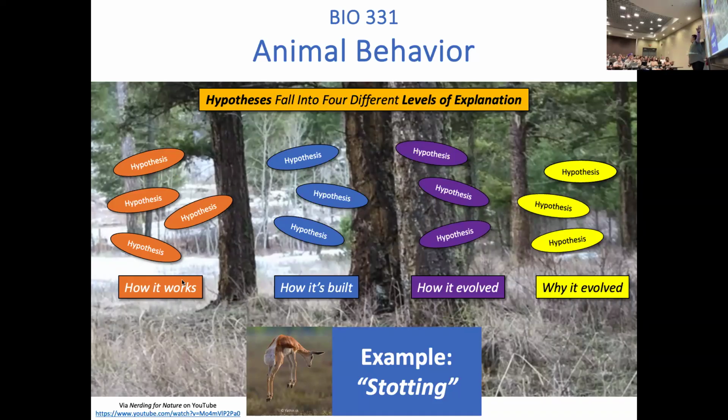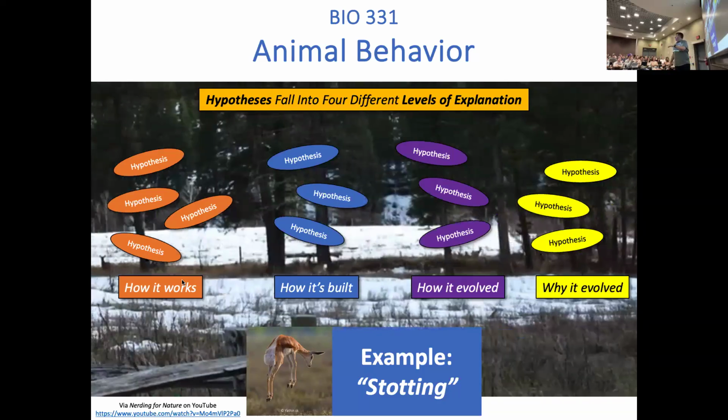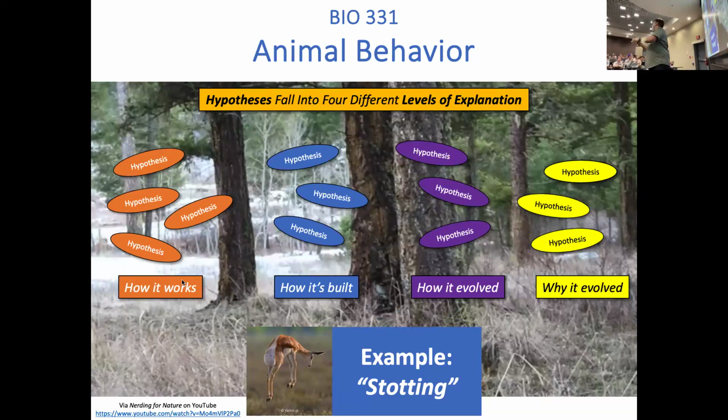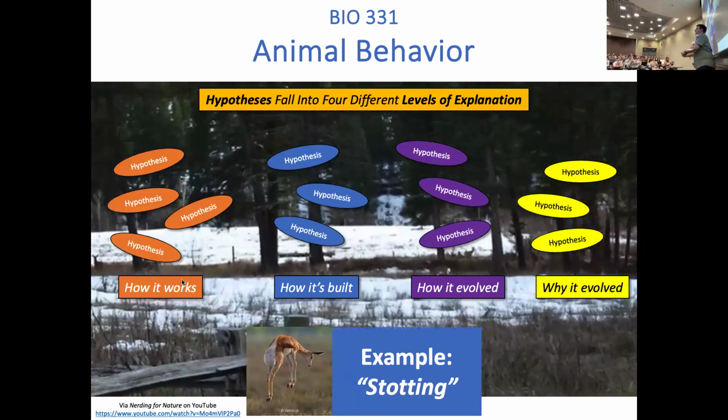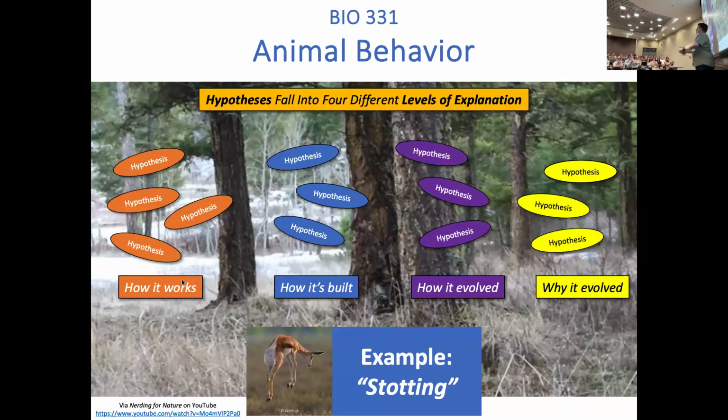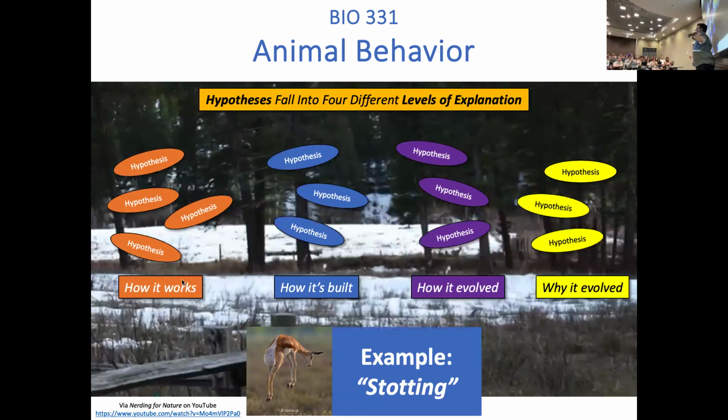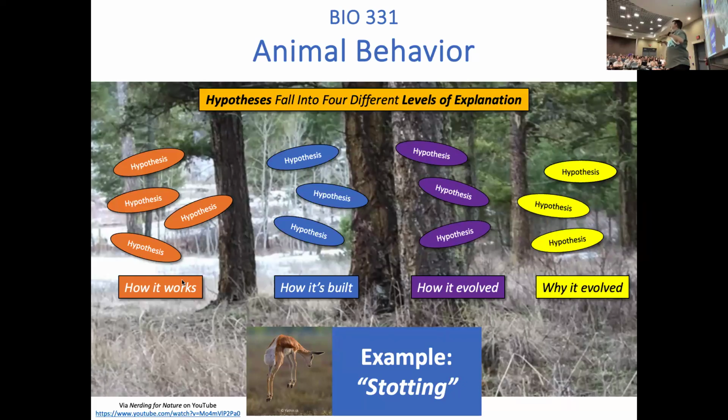There are questions on how it evolved. I mentioned that a bunch of ungulates do this. Some do it a little differently than others. Was there just one animal in the very long ago history that developed this, and we are now seeing echoes of it across all of these other species that are independent species? Or has this evolved separately many times?